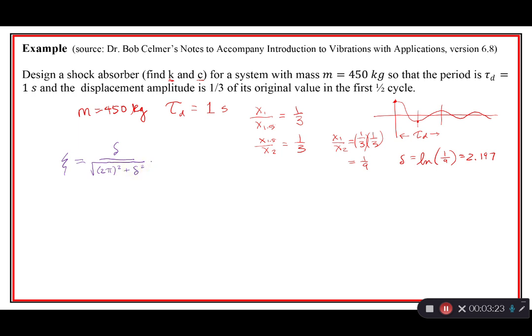All right, and so we have all the information we need. So 2.197 divided by the square root of 2 pi squared plus 2.197 squared is equal to 0.3301. That's not a bad amount of damping.